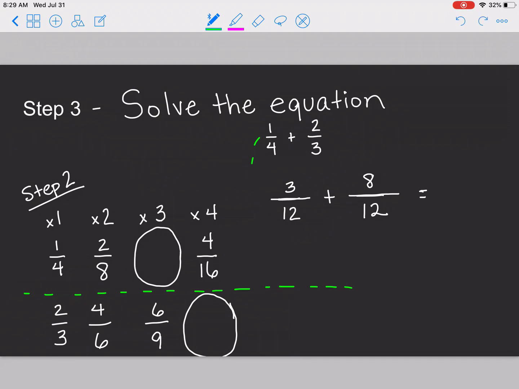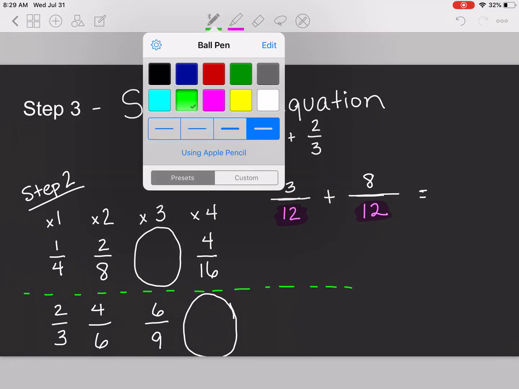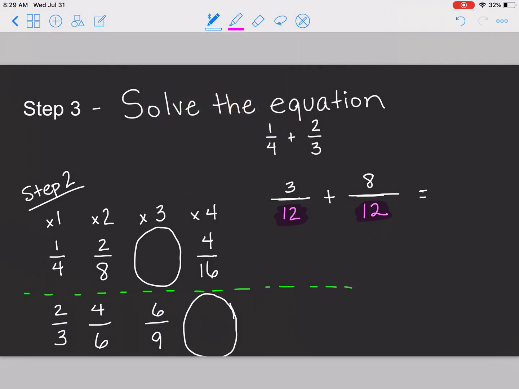So now I have 12ths as my denominator in this fraction, and I have 12ths as my denominator in this fraction. So now I know that I can add these two fractions together. And remember, when we're adding and subtracting fractions, we only add or subtract the numerators. We do not add or subtract the denominators.